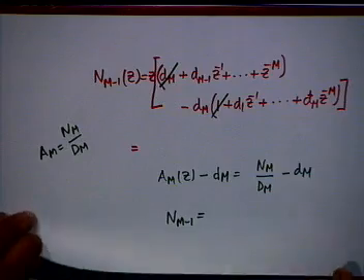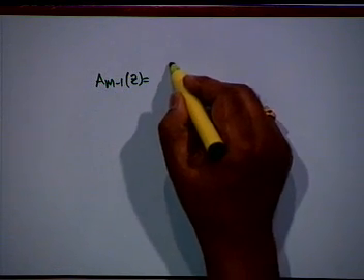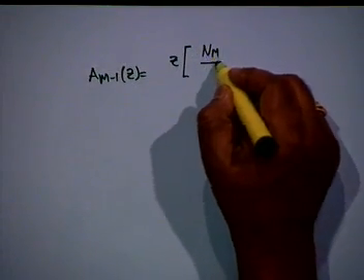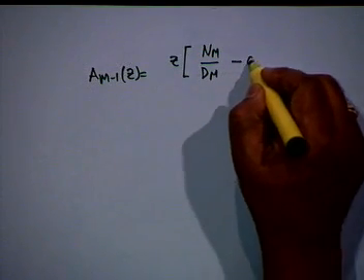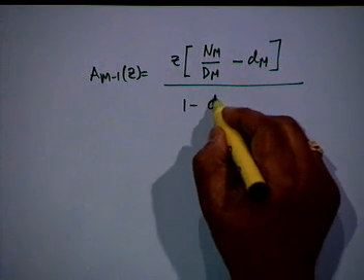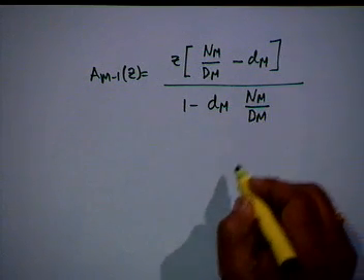Well, since there is a confusion, let me not skip the algebra. Let me do it. What was our function? Our function was am minus 1 of z equal to z times (amz, that is nm by dm, minus small dm) divided by (1 minus dm nm divided by dm).